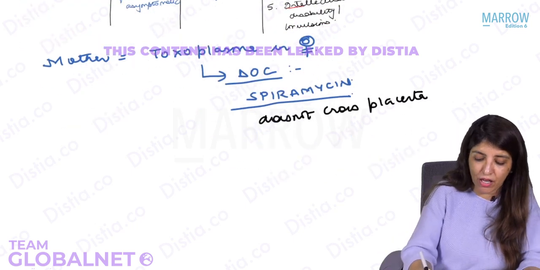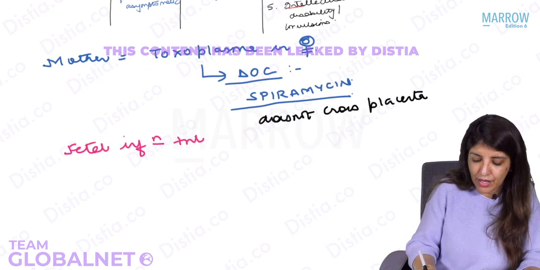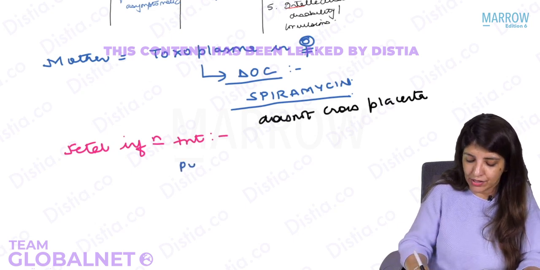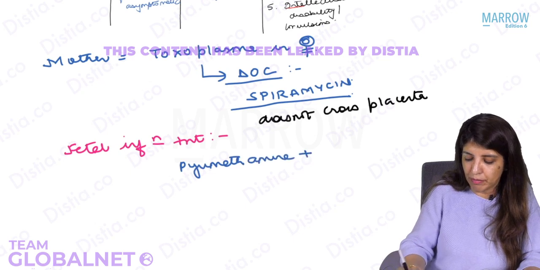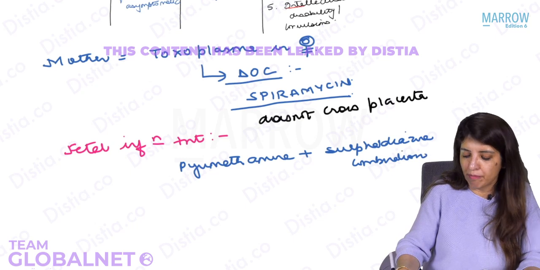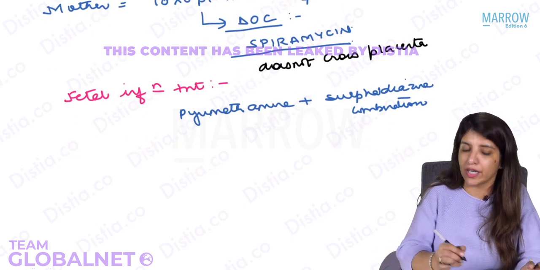That is why if I come to know that fetal infection is present, I will have to give a drug which can cross the placenta, and that is pyrimethamine plus sulfadiazine combination. Pyrimethamine and sulfadiazine combination for treating the fetal infection.